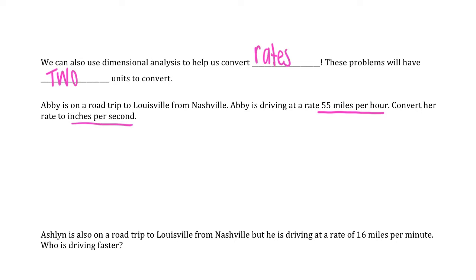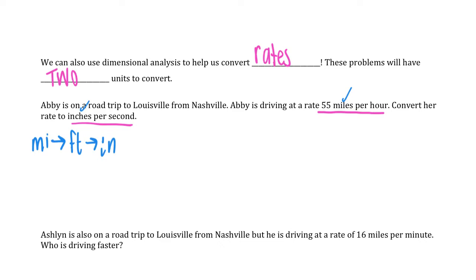Just like in the problem before, we are going to make a little map to remind ourselves what units we need to jump to in order to get to our final answer. So if we look at miles, as you can see from the problem, we want to go from miles to inches. We can't directly go from miles to inches, so we have to go from miles to feet, and then we can go to inches.